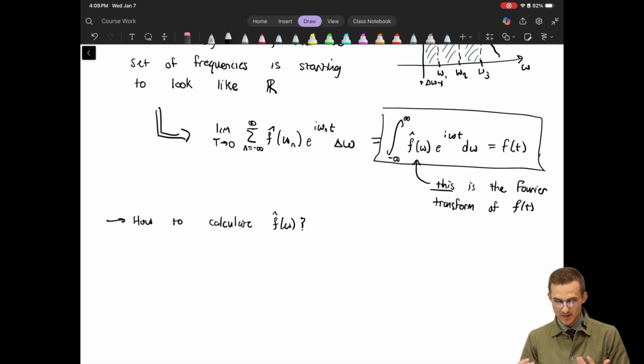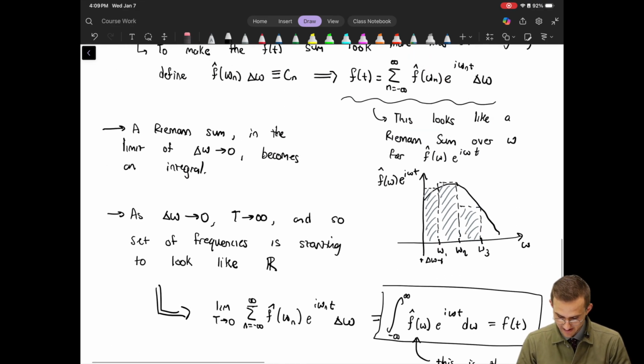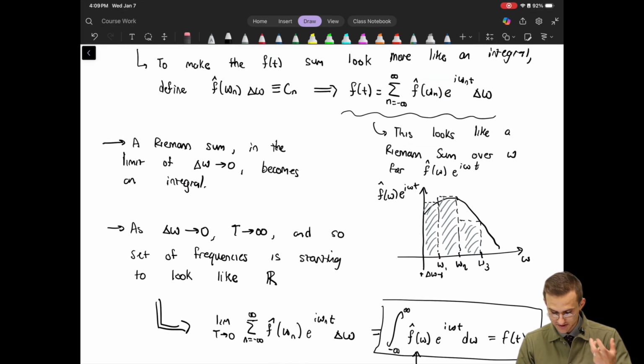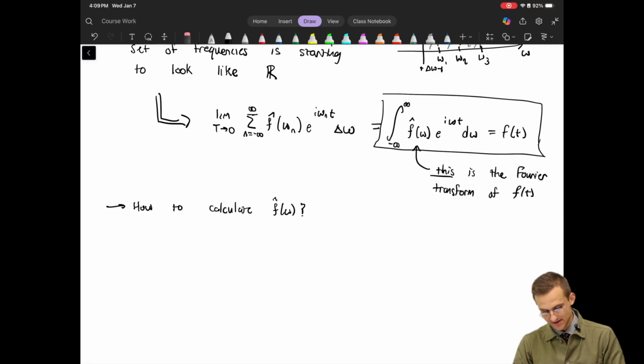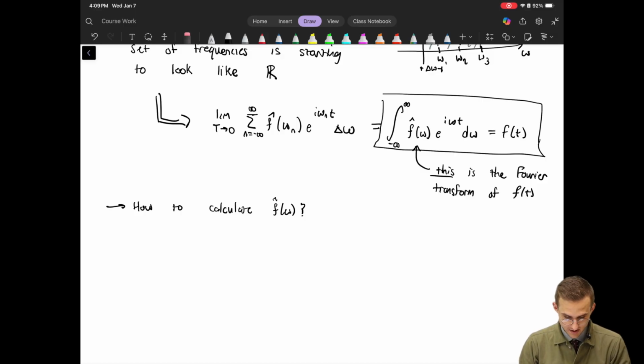Remember, f hat of omega n, the discrete version of this thing that eventually became the Fourier transform, was really just Cn scaled by delta omega. So recall that f of t in the Fourier series world is an expansion of the periodic extension of f, so the interval is repeated for all t.